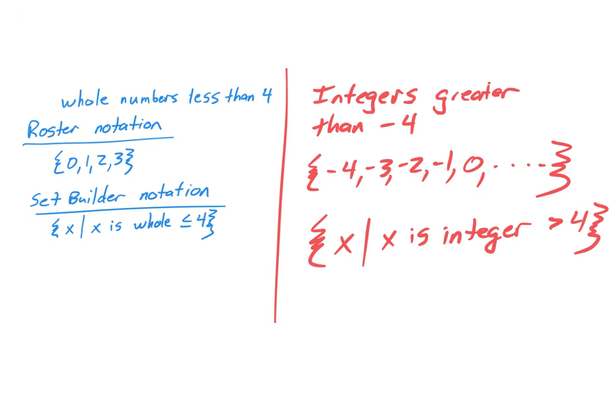And so you can use your greater than, less than symbols here if you want to. Kind of eliminates having to use words. Okay. So listing it out versus putting it in words, or symbols, is the only difference between those two.